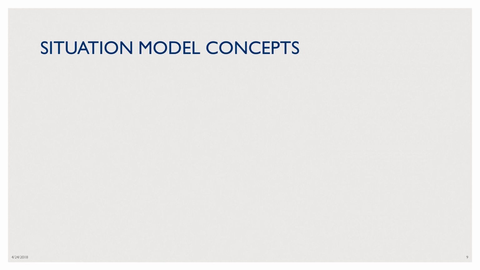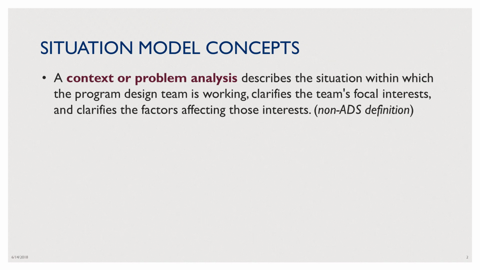Before describing a situation model, it is helpful to first understand what a context or problem analysis is. A context or problem analysis describes the situation within which the program design team is working. It clarifies the team's focal interests and the factors affecting those interests. The basic intent here is to understand the context or problem at hand before proposing possible solutions.